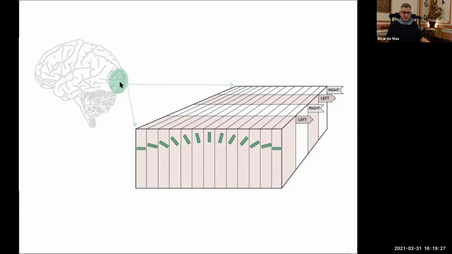So if you move from one cell to its neighbor, it will react very similarly to its neighbor, but responds to a slightly different site on the retina. If you move radially, in this direction, the changes are in orientation. If you move in another direction, the change can be in width. So it's a very highly specialized distribution of cells.